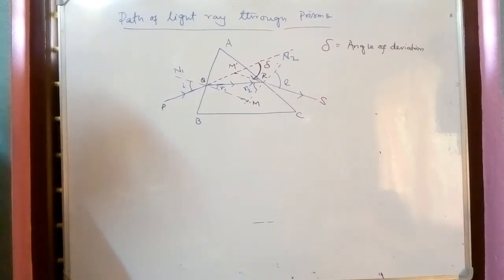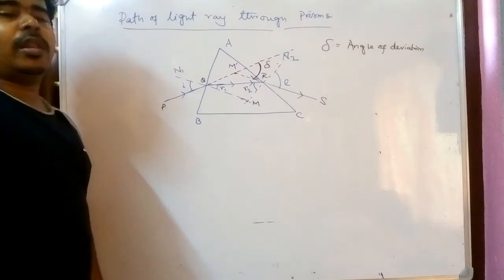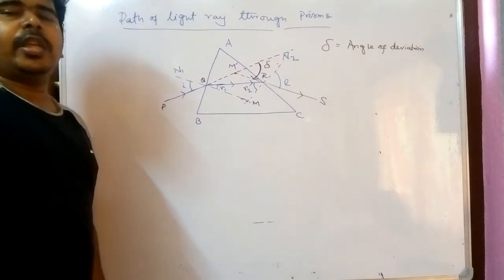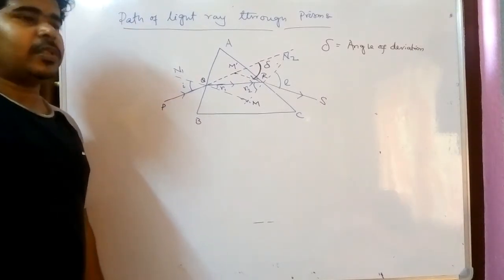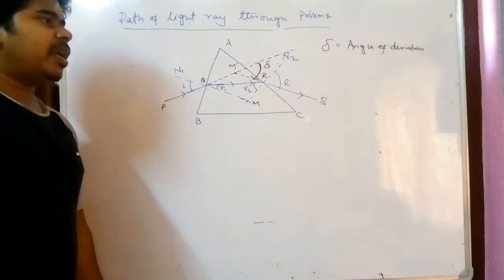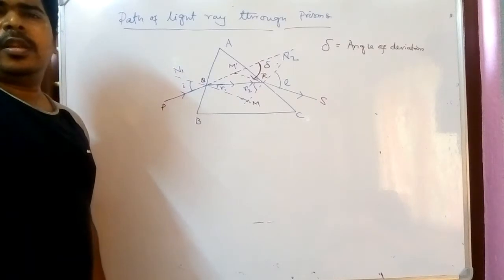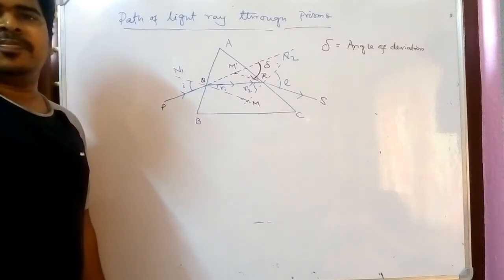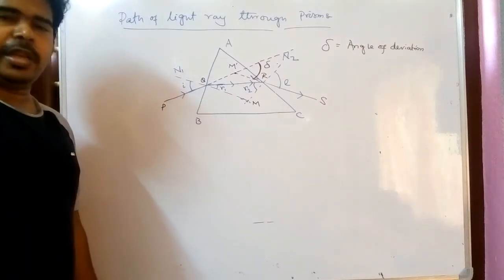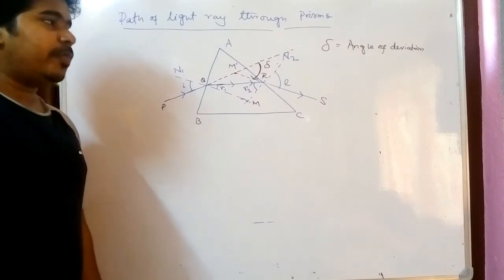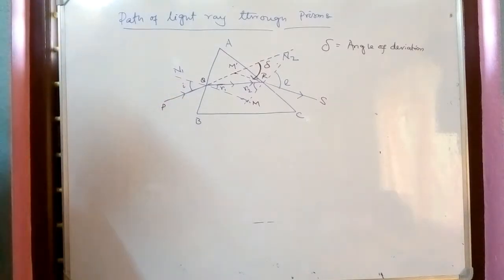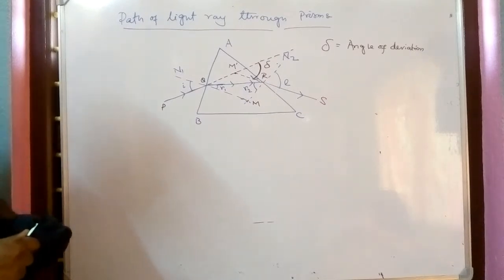I am telling you one thing, any proof on light is not in your syllabus, that is the syllabus of class 10. But here we will derive it for your knowledge only. It is not in your syllabus, I am telling again and again. So don't panic if you don't understand, but I have just shown it here for your knowledge only, nothing else.